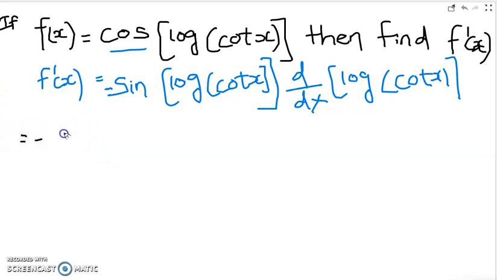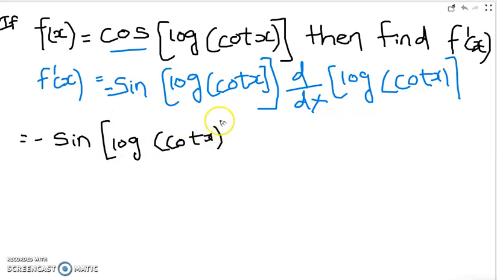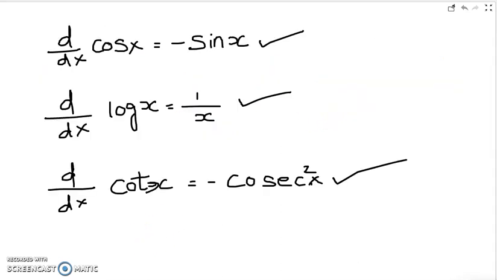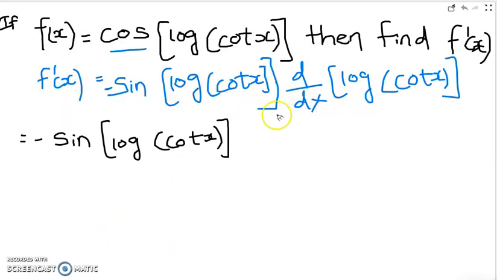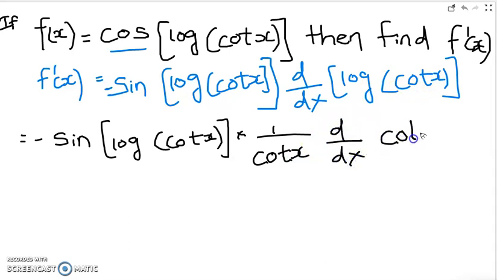So it is equal to minus sin of log cot x, times d by dx of log x. What is the formula? 1 by x, so 1 by x. What is the x value here? cot x. So again here the value is not x, it's cot x, so again we should differentiate d by dx of cot x.